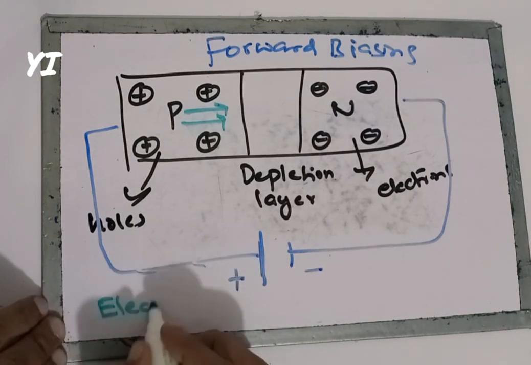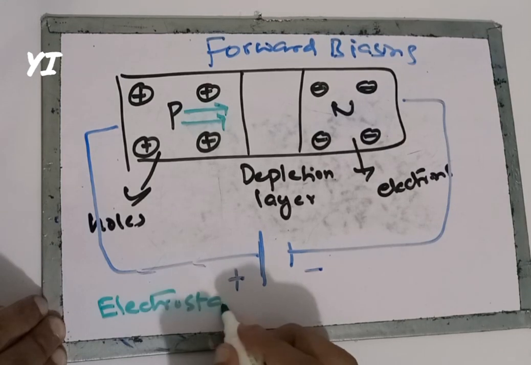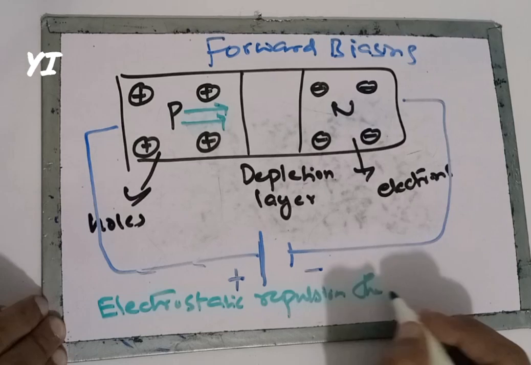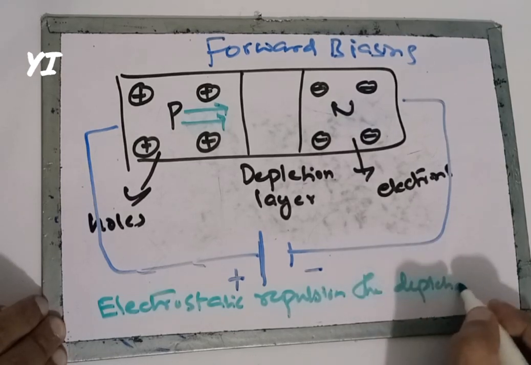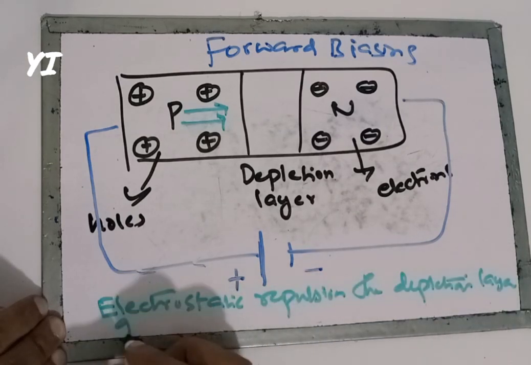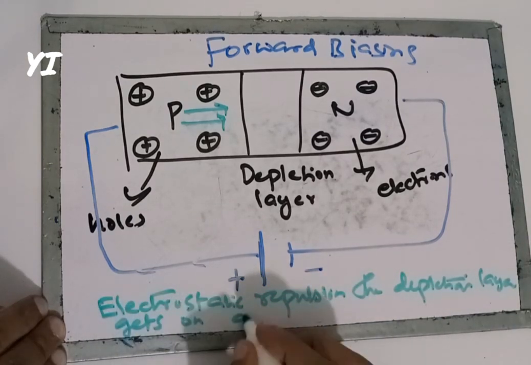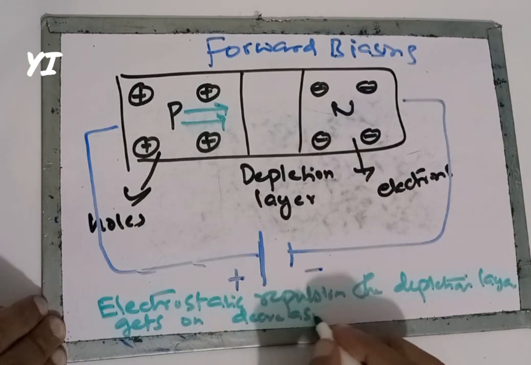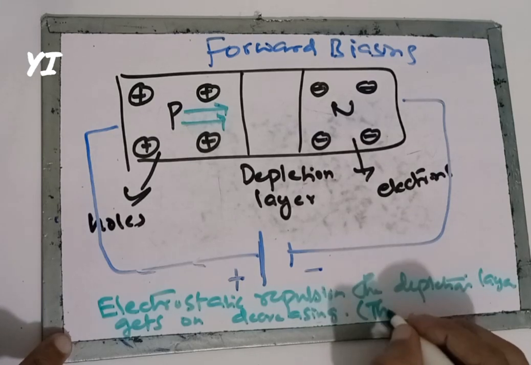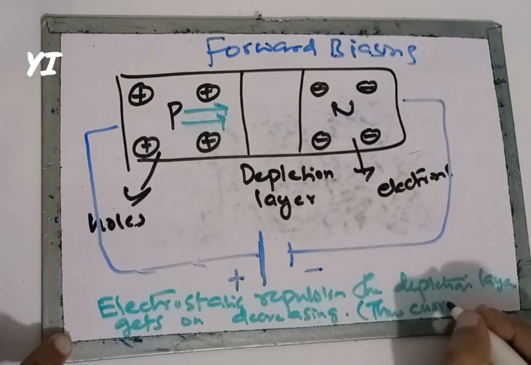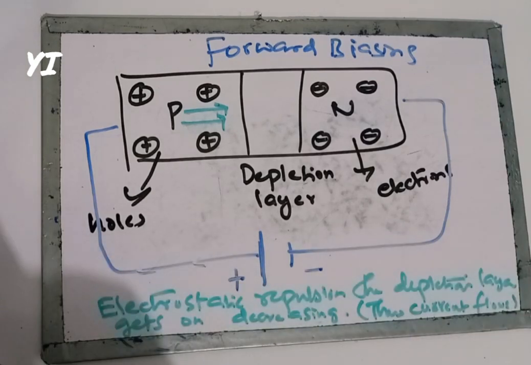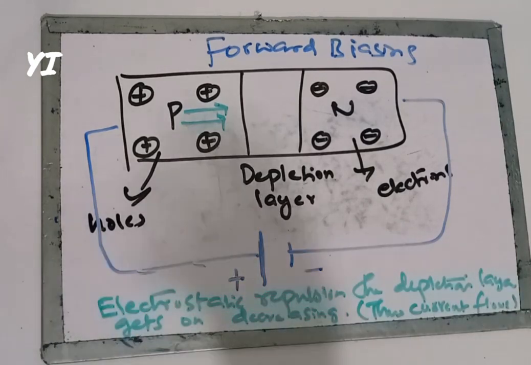We will write that because of electrostatic repulsion, the depletion layer gets on decreasing, and thus current flows. And only in forward biasing the current can flow.